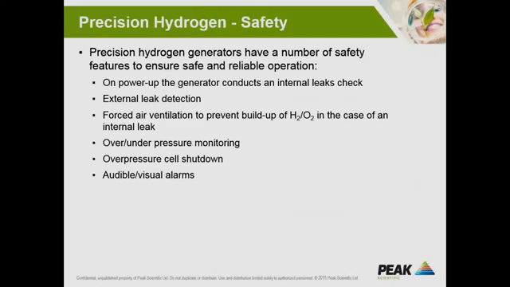As I mentioned before, we have the forced air ventilation to prevent a buildup of hydrogen or oxygen in the case of an internal leak. We also monitor the pressure throughout the system to make sure that we don't have low pressure or indeed too high a pressure. In the case of any pressure issues, we have a mechanical shutdown of the cell, and we also have audible and visual alarms via the screen.